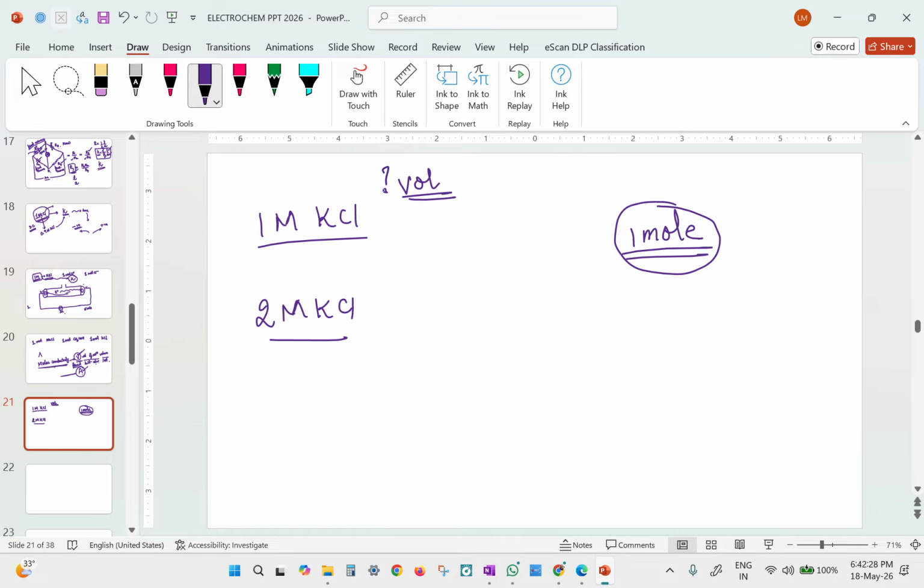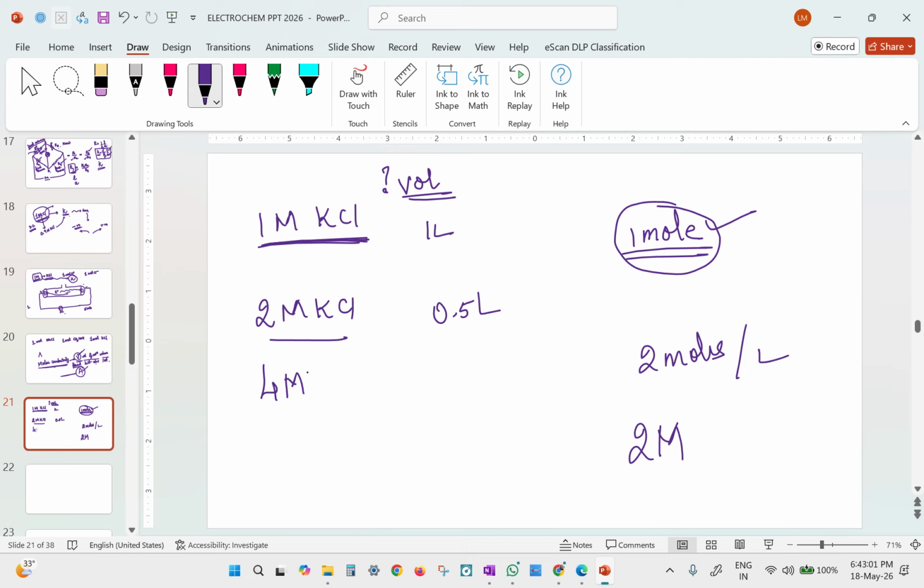What volume of solution will offer me 1 mole if the concentration is 1 M? 1 liter. What volume will offer me 1 mole if the concentration is 2 M? It's 2 moles per liter, so that means 0.5 liters I'll have to take.